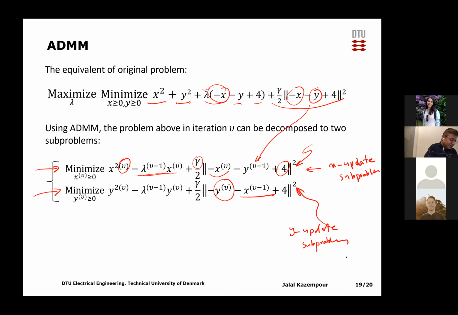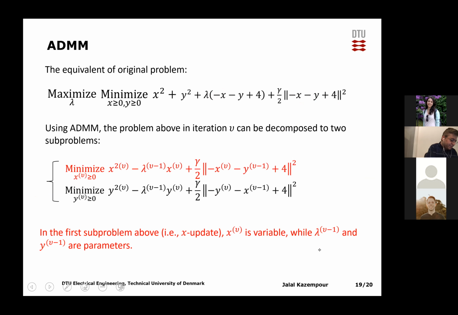So here, as you see, when we go for the x update problem, y comes from the previous iteration. And when we go for the y update problem, do we have x in iteration new, but still we go for the previous x from the previous iteration? Does it make sense or not?